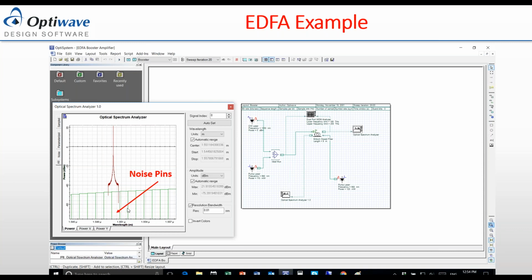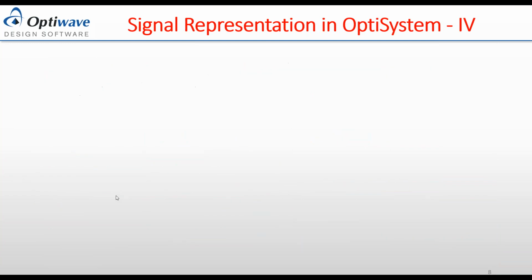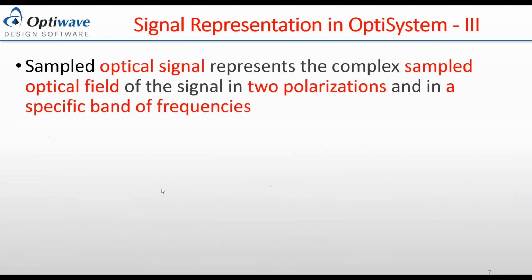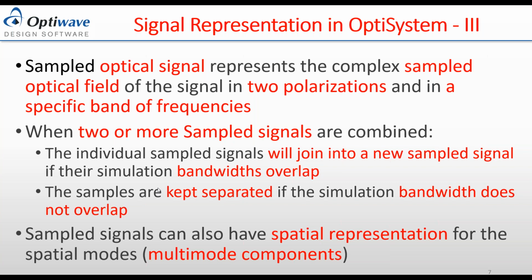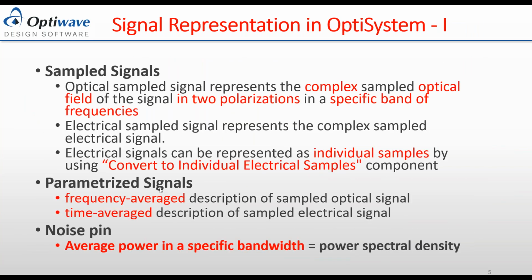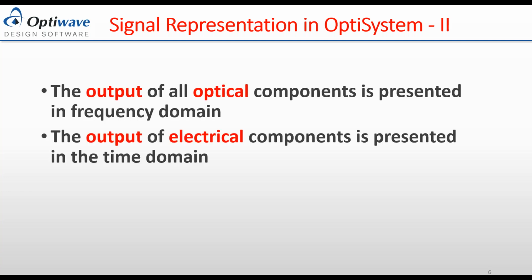So it's like a power spectral density. Again, the noise bands are defined as power spectral density for the noise generated inside the components.